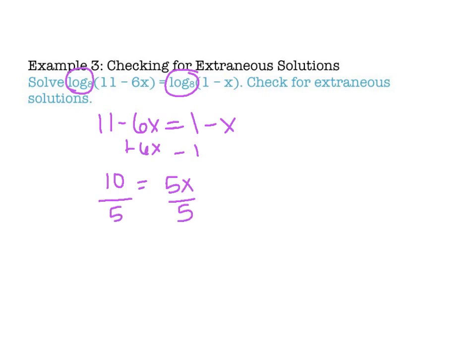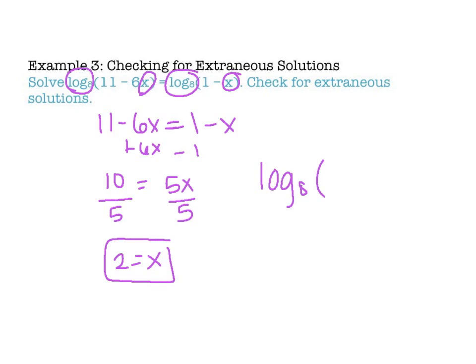And so that looks okay, right? We got a solution of 2. But now if I go back here and I plug that 2 in for these x's, I end up with log 8 of negative 1 is equal to log 8 of negative 1.